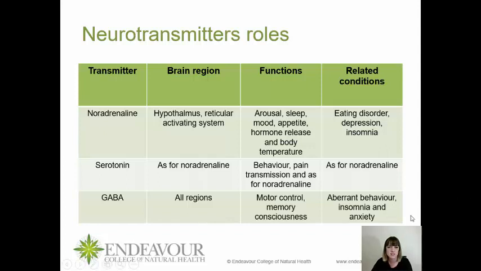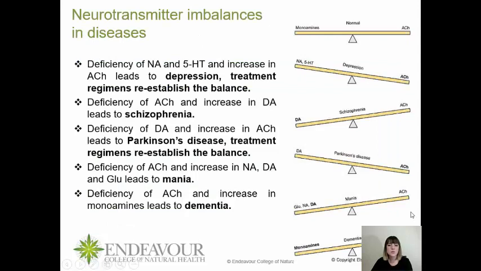So when we talk about conditions being related to neurotransmitters, or you often hear the term neurotransmitter or chemical imbalances, realise that is a gross oversimplification to the point that it's not really even quite correct. Those sorts of neurological or psychiatric diseases are usually very complex in their etiology.